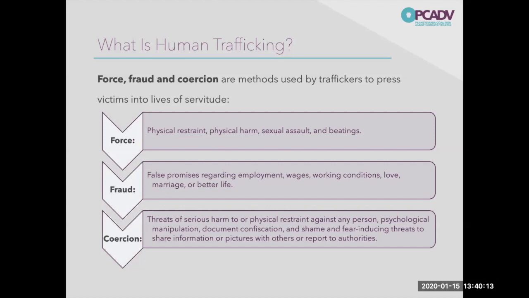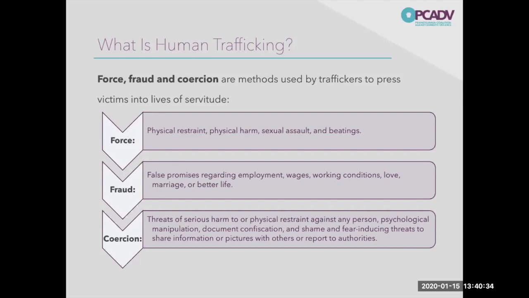So when we talk about force, obviously that's any kind of physical restraint, physical harm, sexual assault, physical beatings, things like that. We then have fraud. Some examples of that might be false promises regarding things like employment or wages or working conditions.